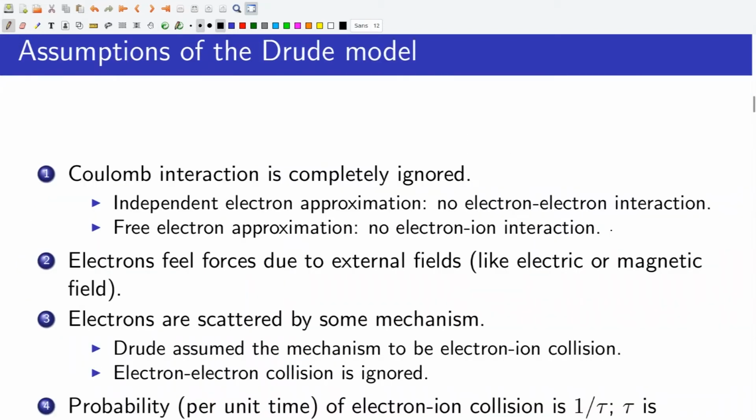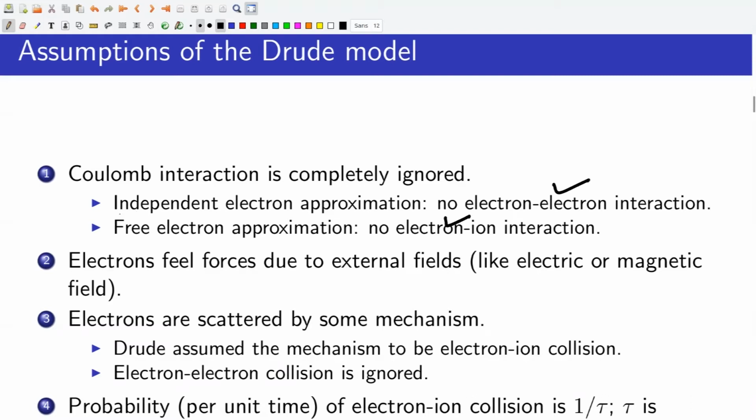Let us understand the assumptions of the Drude model. It is assumed that the Coulomb interaction is absent. That means there is no electron-electron interaction and there is no electron-ion interaction.